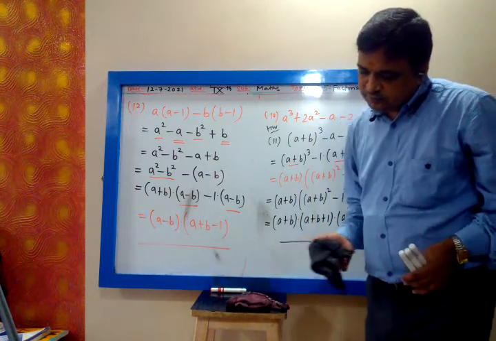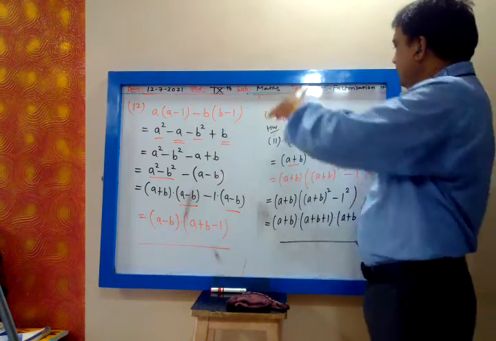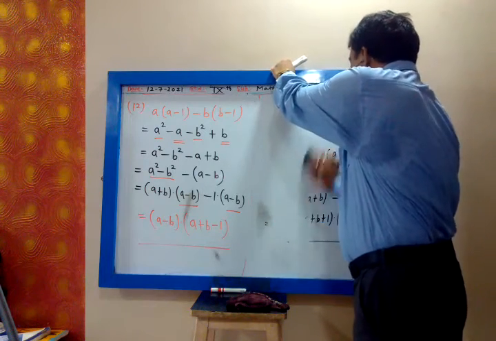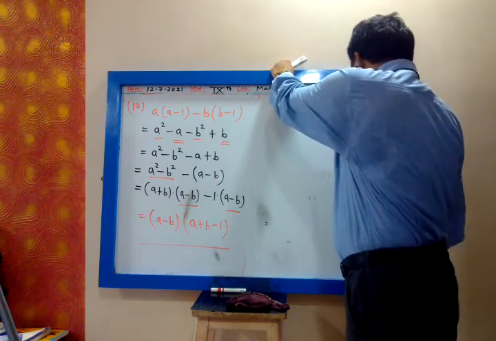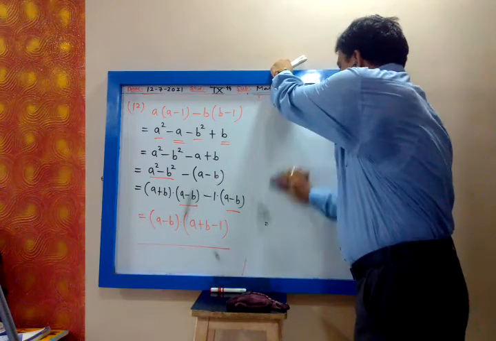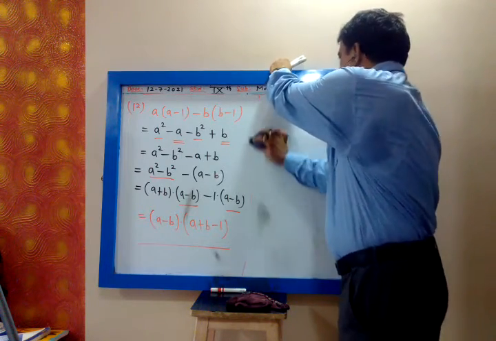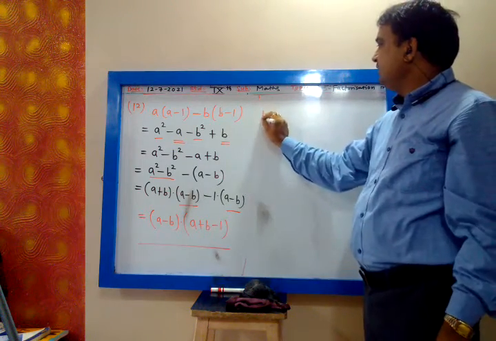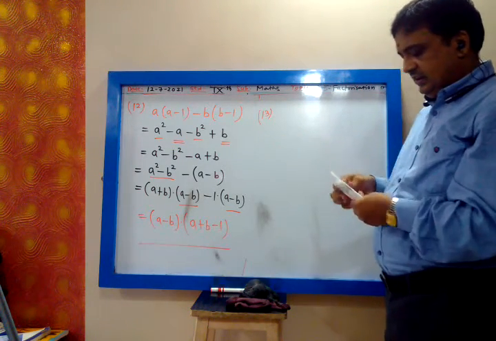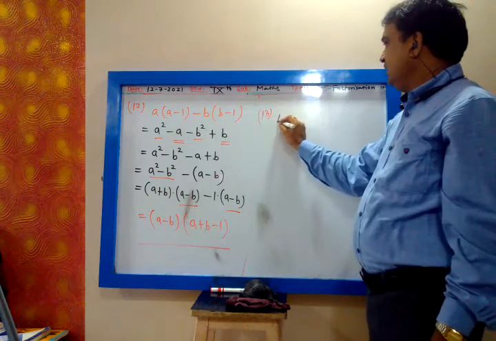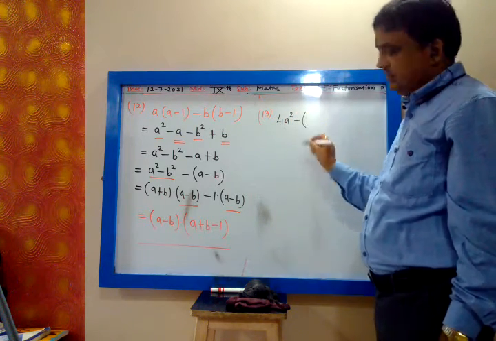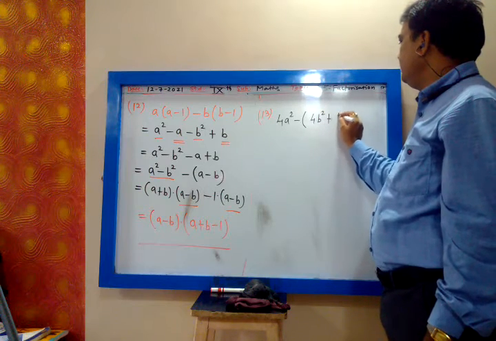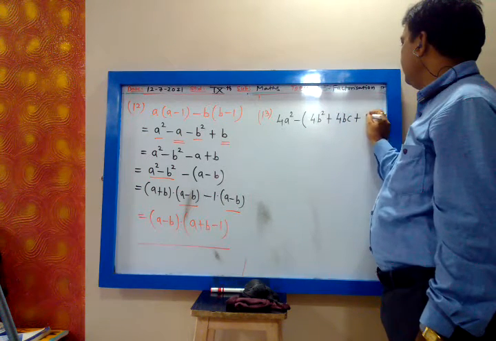Then 13th: 4a square minus 4b square plus 4bc plus c square.